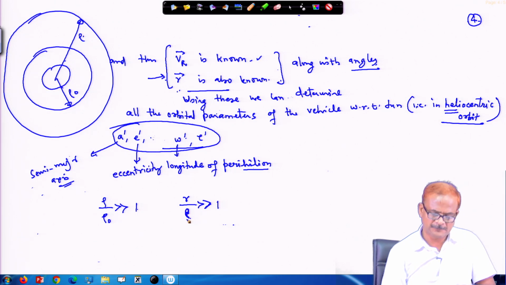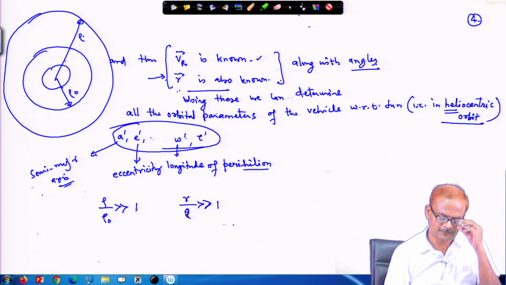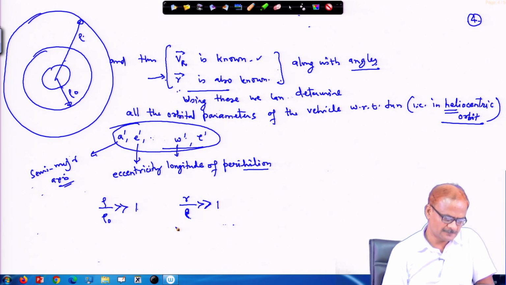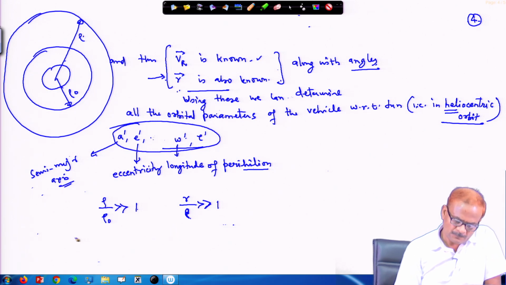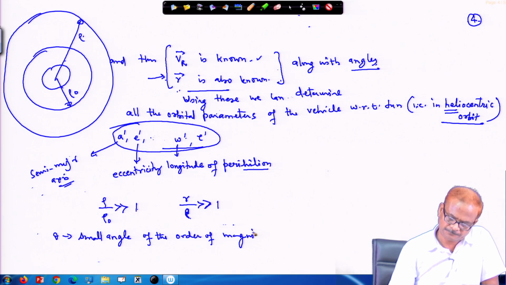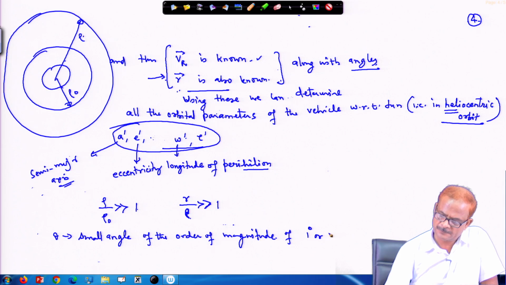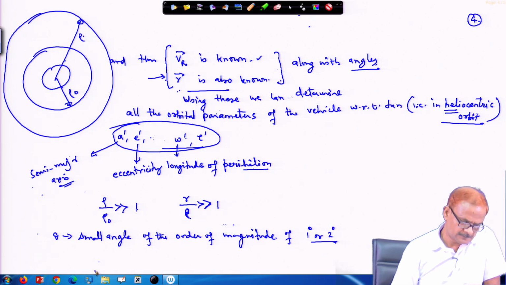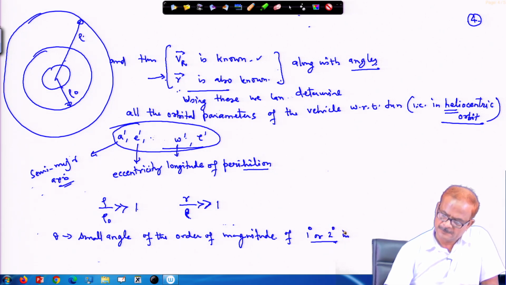As compared to the sphere of influence, the distance of the vehicle from the sun is very large, and therefore theta becomes a small angle, as shown in the previous figure, of the order of magnitude of 1 degree or 2 degrees in most cases.